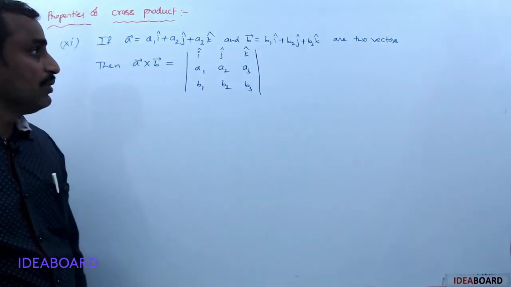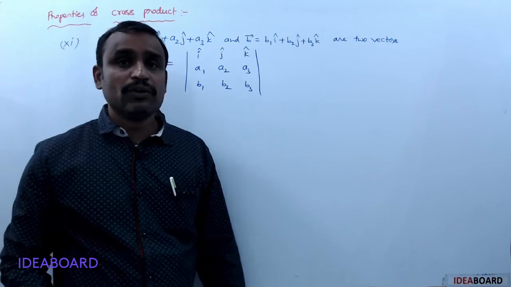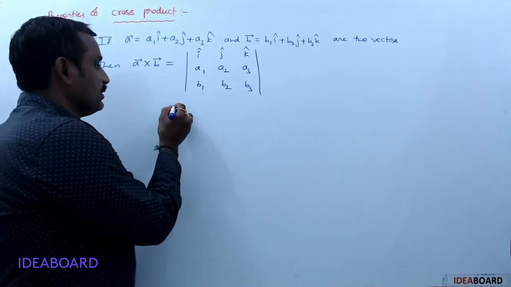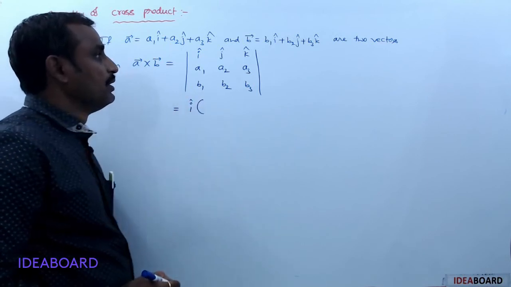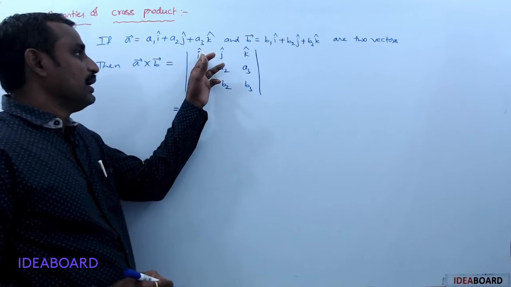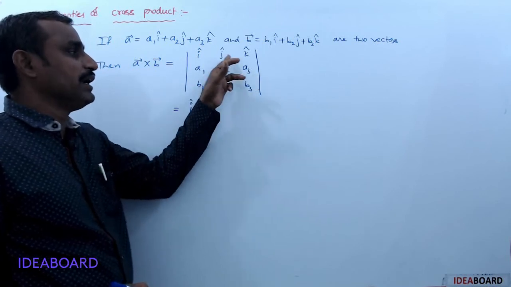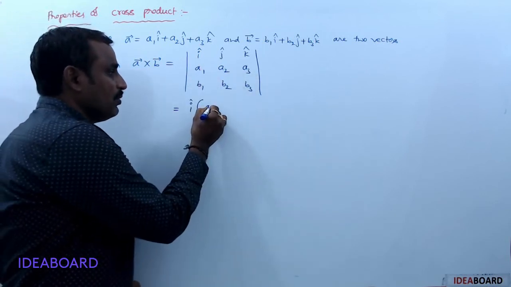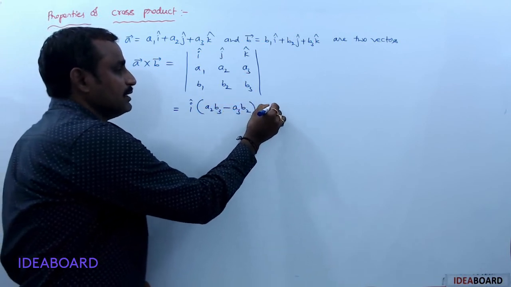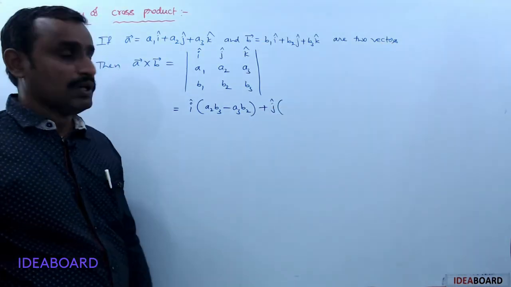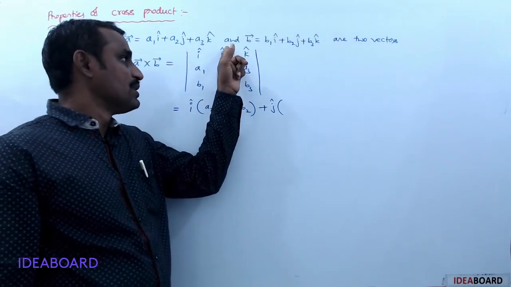Now using the properties of determinants, you can expand this and get the required vector. I cap of, deleting the first row and first column, the remaining elements determinant AD minus BC, so A2 B3 minus A3 B2, plus J cap of, deleting first row, second column.